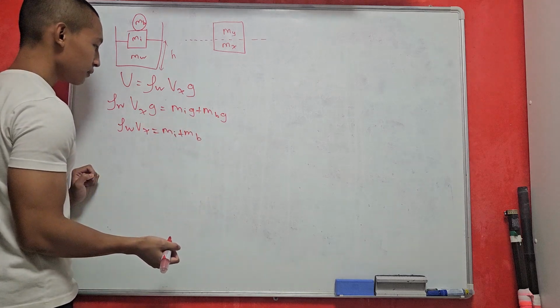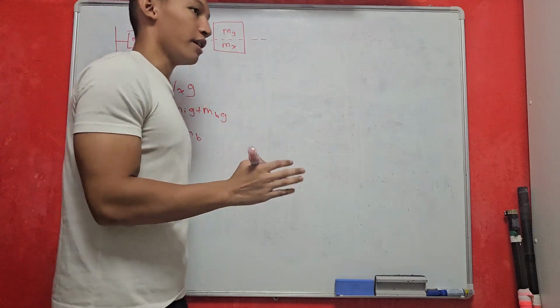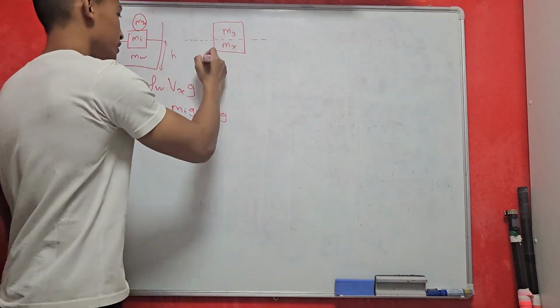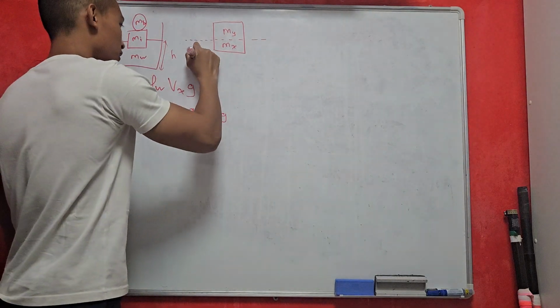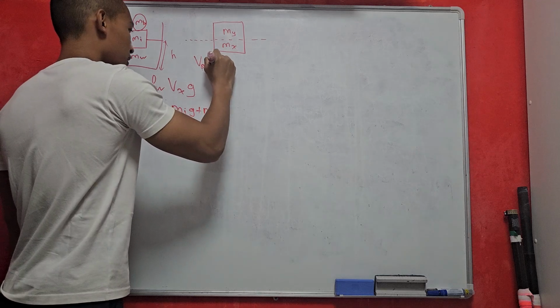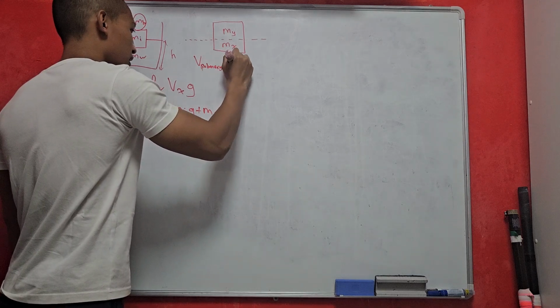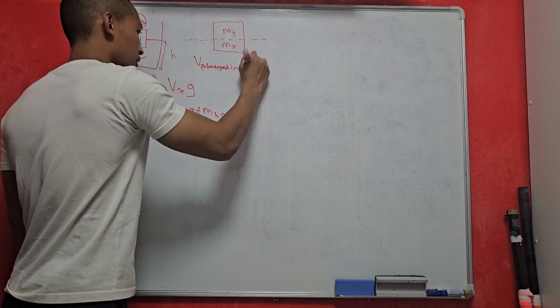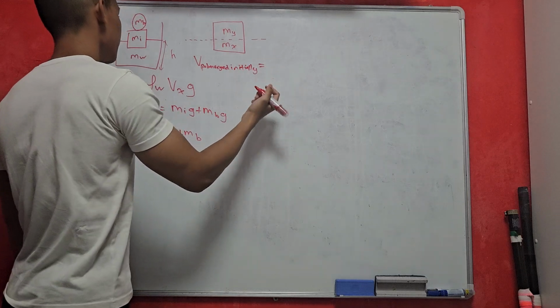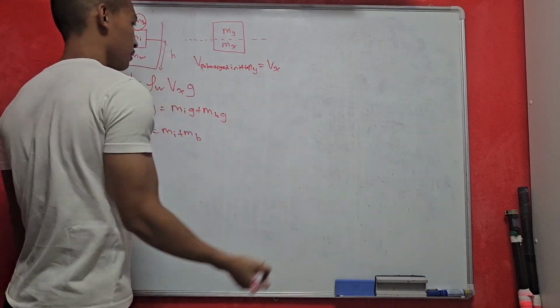Alright? Now, what are we exactly comparing? We're comparing the volume of submerged items initially, and this is actually equal to just vx.